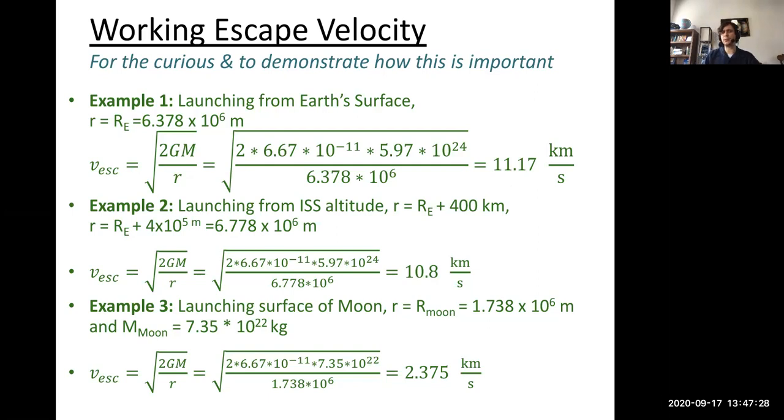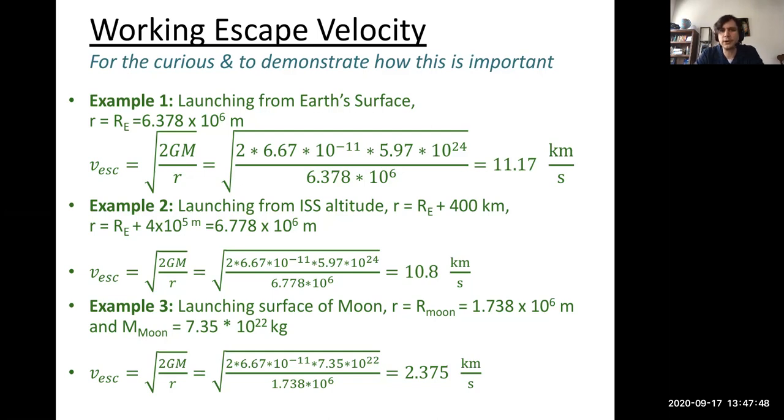But let's imagine that we build a launch station that's already in orbit. So we'd launch from the same altitude that the ISS is at. So just above the surface of the Earth, about 400 kilometers up, let's imagine that we build a space dock, a space station, there, so we can launch things from there.